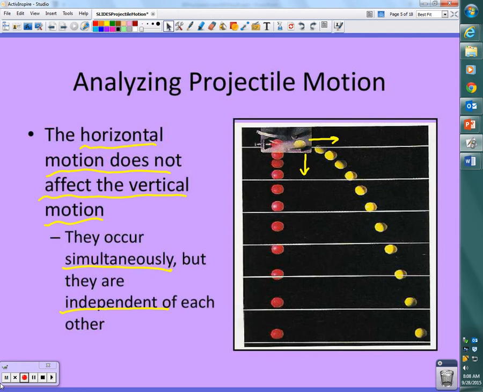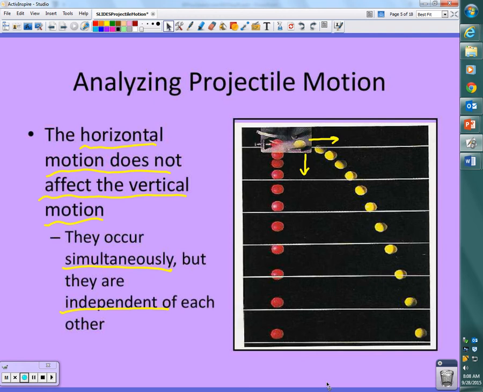So anything that would happen to something vertically, like this red ball dropping, accelerated motion, the things keep getting farther and farther apart, right? We talked about that, influence of gravity, all that fun stuff. That's going to happen to the yellow ball as well, even though the yellow ball is moving horizontally while those things are happening. So they both contribute to the overall motion of an object, but they don't affect one another.